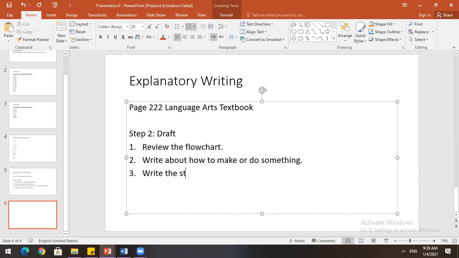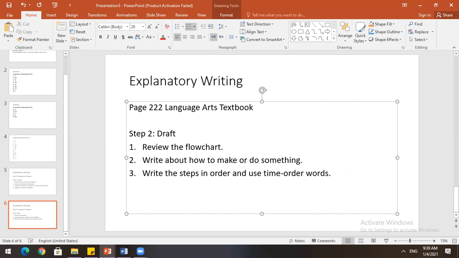Write the steps of the experiment in order and use time order words. We can remove experiment because it's not necessarily an experiment every time. Write the steps in order and use time order words.